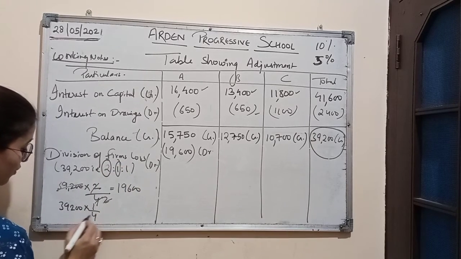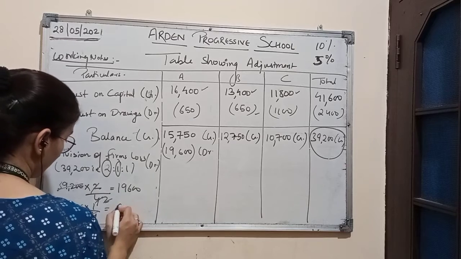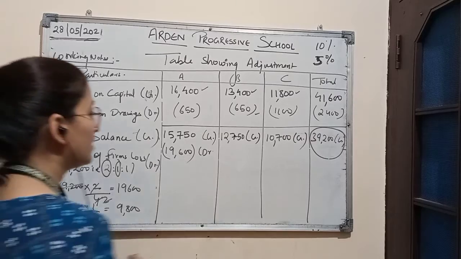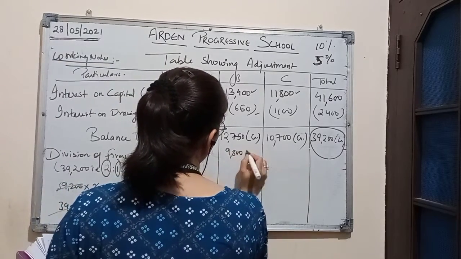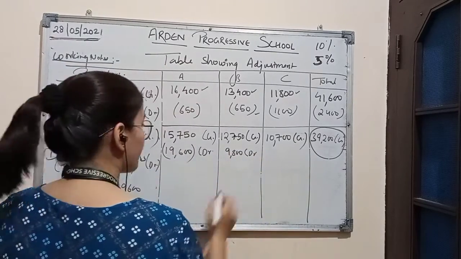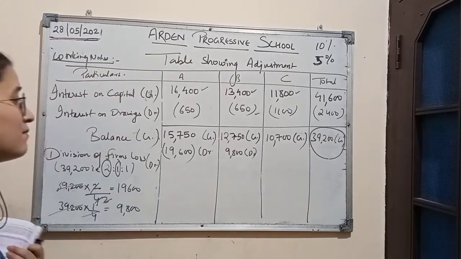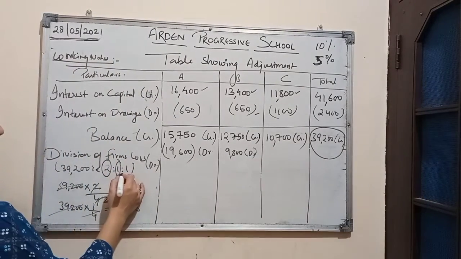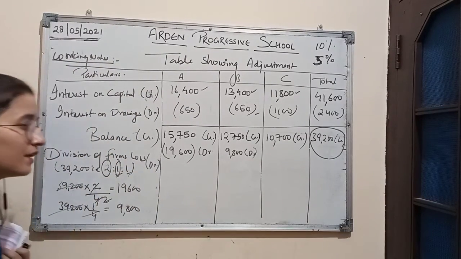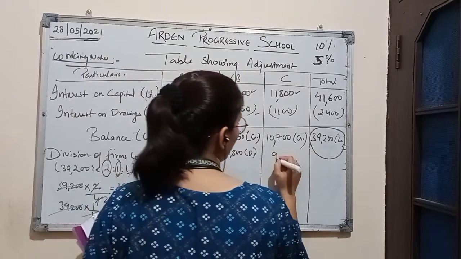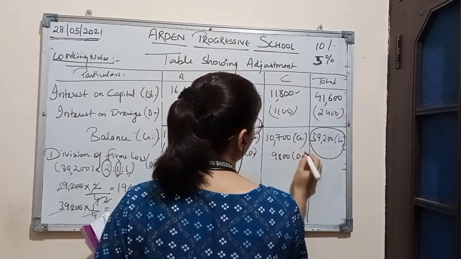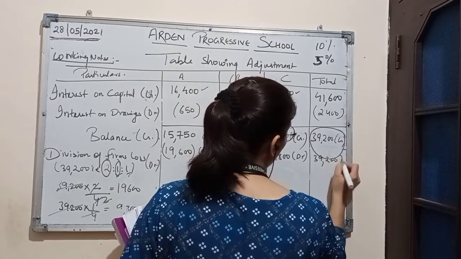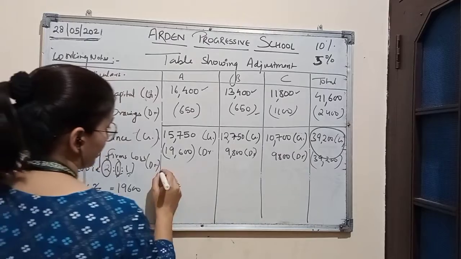So 1 divided by 4, the amount will be 9,800. So 9,800 will be a debit balance for partner B. And the same amount will be debited in partner C also, because partners B and C are both sharing in the equal ratio. So we will write here 9,800 as debit balance. And the total is 39,200 in negative balance.